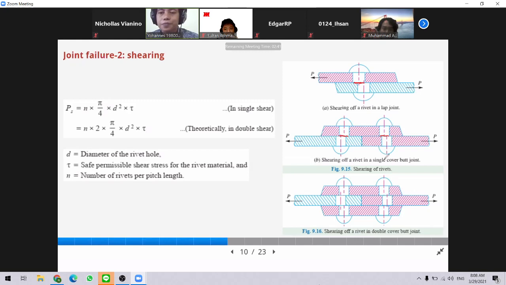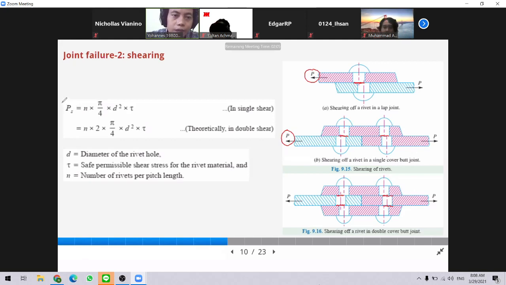For a double cover butt joint, we have four shearing areas. Of course, if we have more shearing areas, we can apply a larger load.